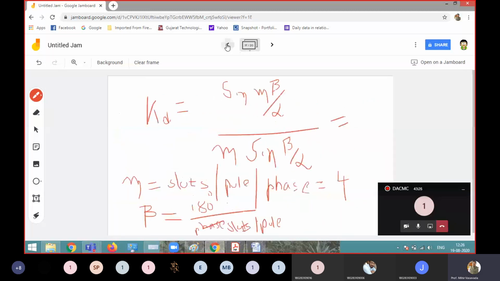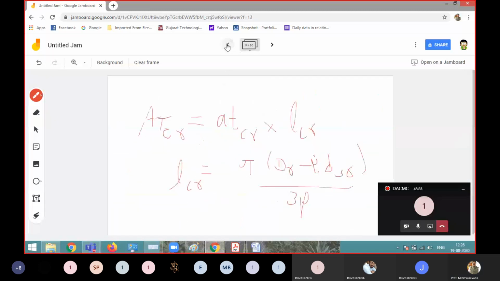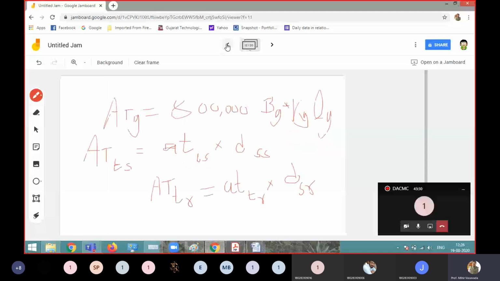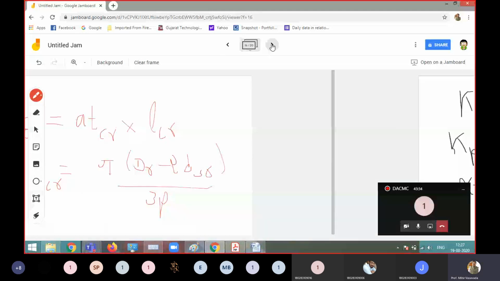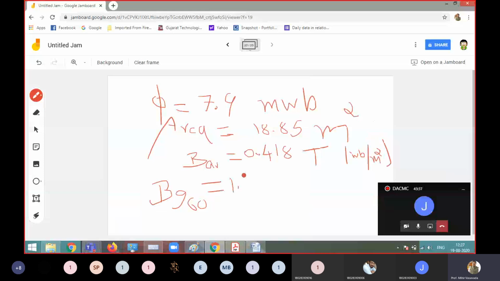It is 1.36 B average. So do that. 1.36 B average and find out BG. Write in the chat box so that it will be useful for others. It is 0.57 Tesla.